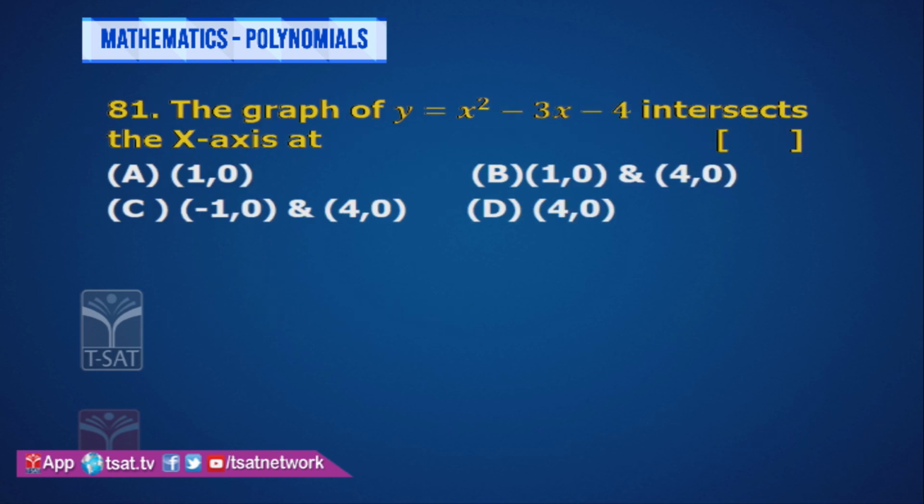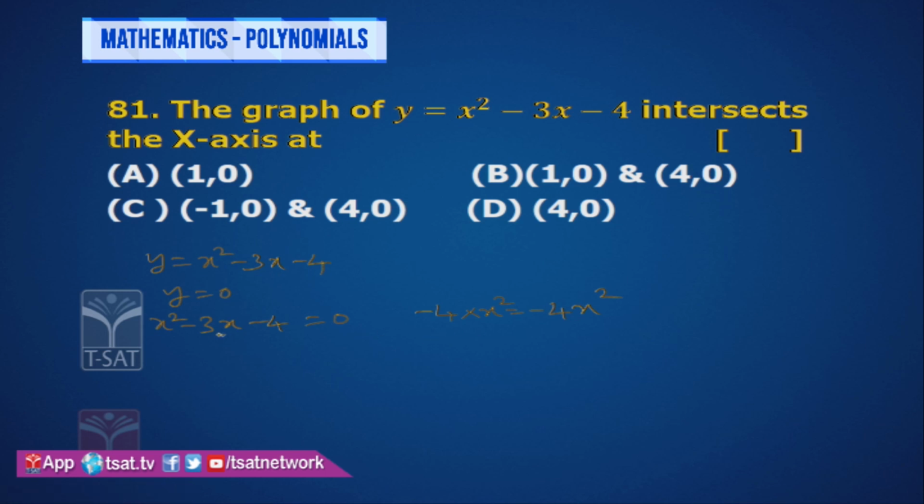Next question number 81. The graph of y equals x squared minus 3x minus 4 intersects the x-axis at where it intersects. So you take y equals 0, no? On the x-axis y equals 0, so you write in this. Then what will you get? x squared minus 3x minus 4 equals 0. So minus 4 into x squared is minus 4x squared.